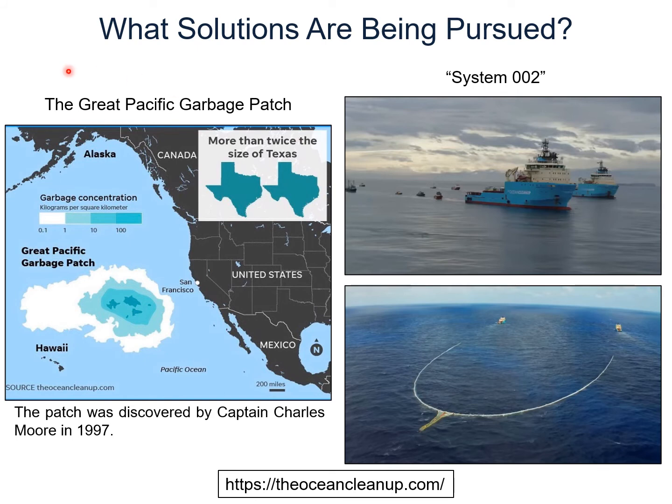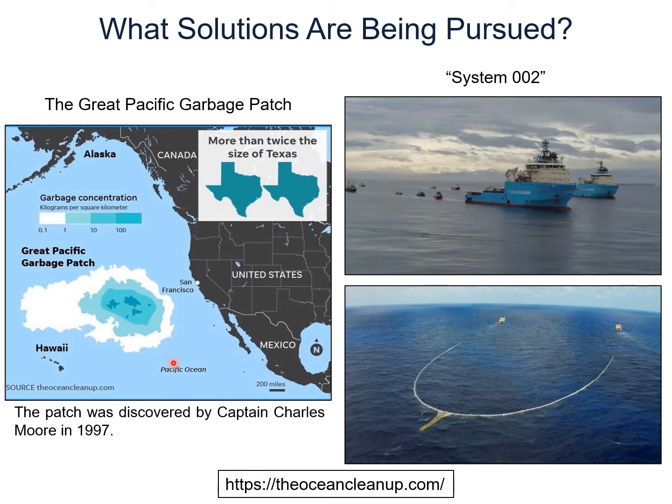Now, the Great Pacific Garbage Patch was discovered by Captain Charles Moore in 1997. And this is a patch between California and Hawaii. It covers a vast area in the Pacific Ocean where if you were to go out there in a boat, you would find plastic at the surface level of the water.